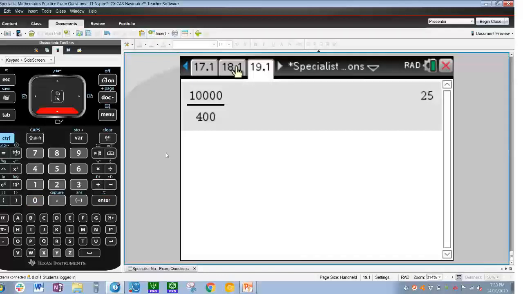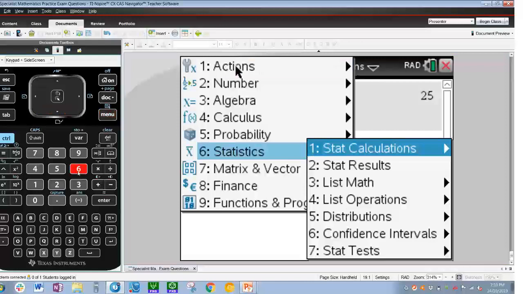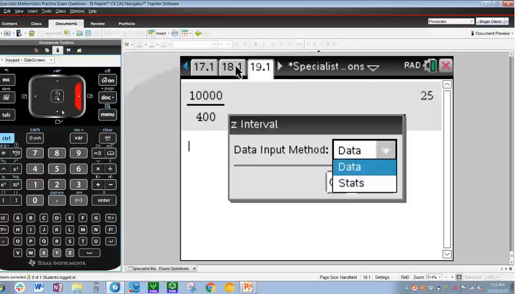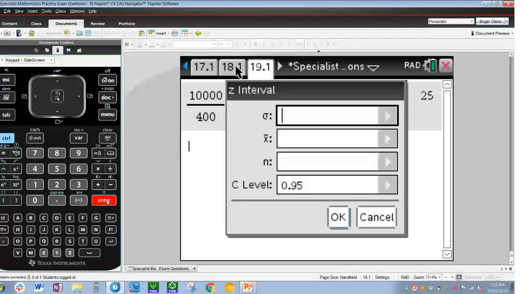Now, to get the 90% confidence interval, we're going to go Menu, 6 for statistics, 6 for confidence intervals, and 1 for Z interval. We're going to change our data input method to stats, and our sigma was given to us as 4 grams. Our sample mean was 25 as we just calculated. N, we had 400 potatoes, and we want 0.90, the 90% confidence interval.